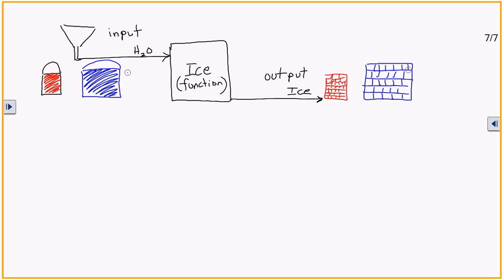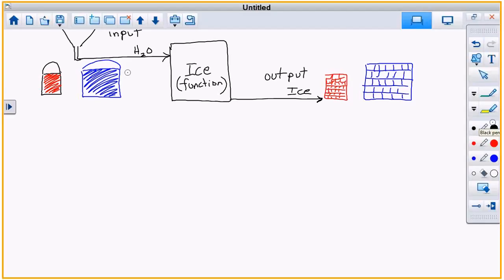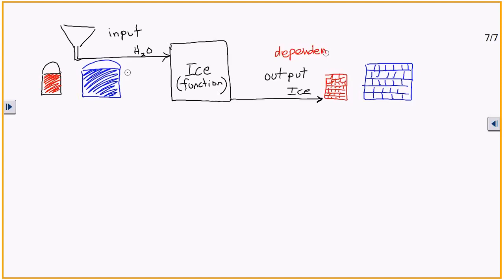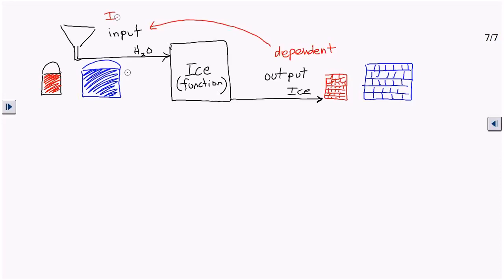So what can you tell me about the input of water or Kool-Aid and the output? The output, and I'm going to put it in red here, the output is dependent on the what? On the input. So if the output is dependent, the input is independent.